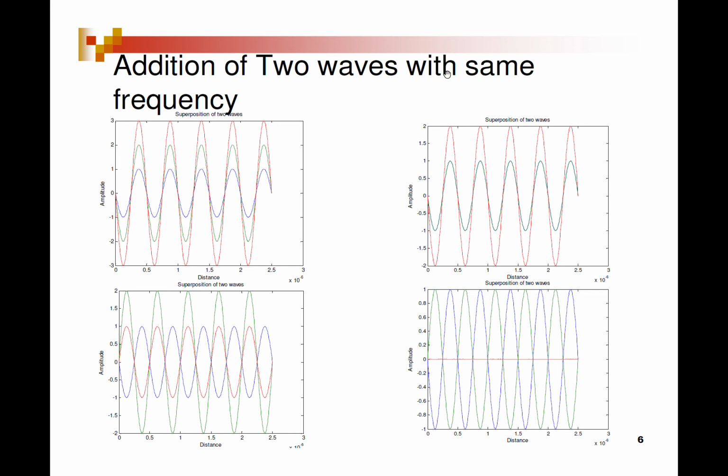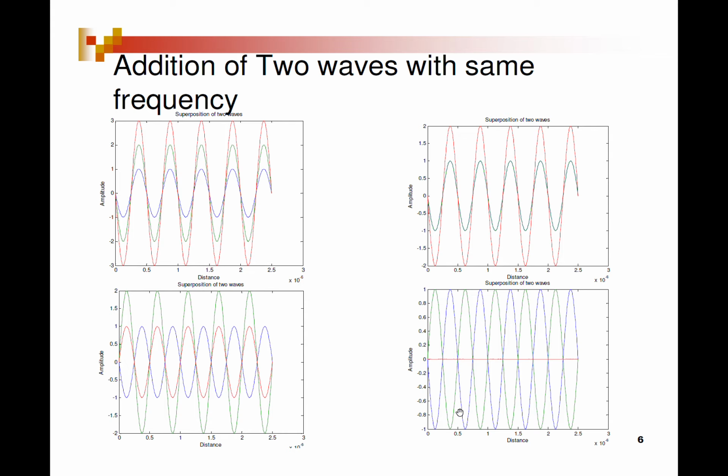So here are some cases. The blue and green lights are summed over, and the red is the outcome. If you have the same amplitude for blue and green, the resulting amplitude is going to be doubled.